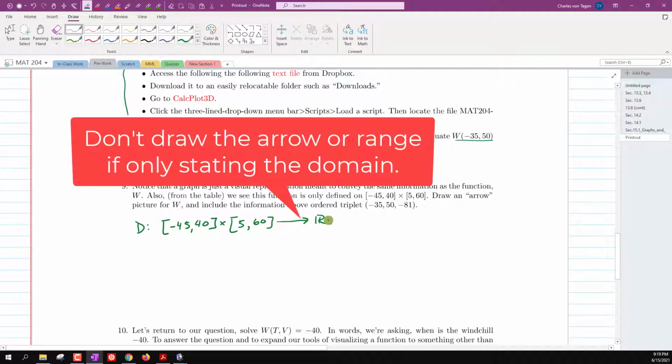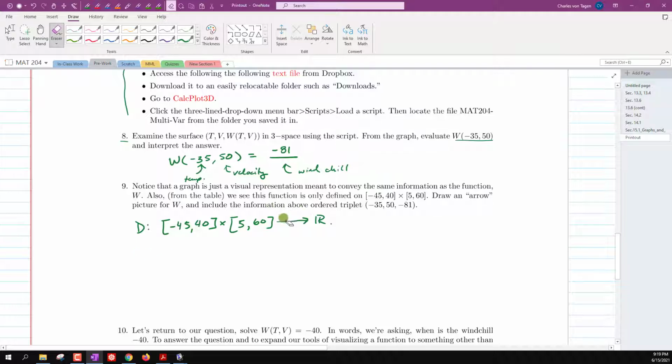Okay. There's other ways we could have represented that domain. So for example, I could have also represented the domain, so this is just the domain here. I could also have represented the domain this way, as the set of coordinates x comma y such that negative 45 is less than or equal to x, which is less than or equal to 40, where I'm saying what those x values are.